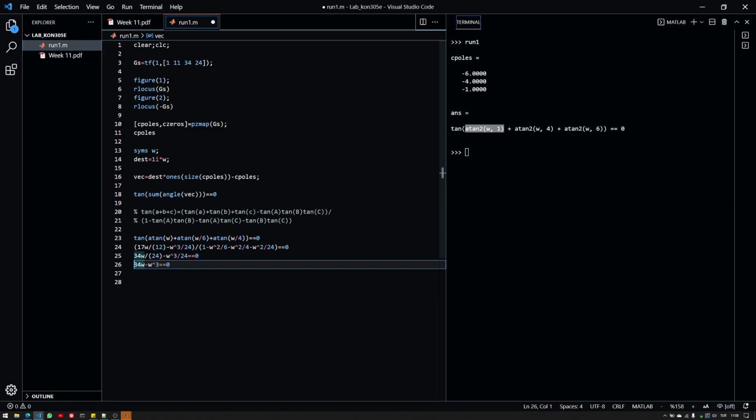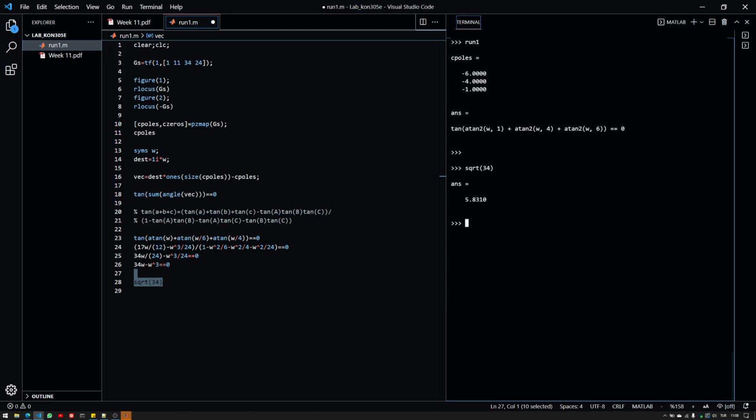Now this conclusion is very important, because if you remember, we did use Vpa Solve, and the answer we got was omega equals 0. So this is included in the solution of line 26. And we also have another one, which is really what we are interested in, which is square root of 34. So this would be one of the omega values that we would be interested in, 5.831. And then there's also 0. So keep that in mind.